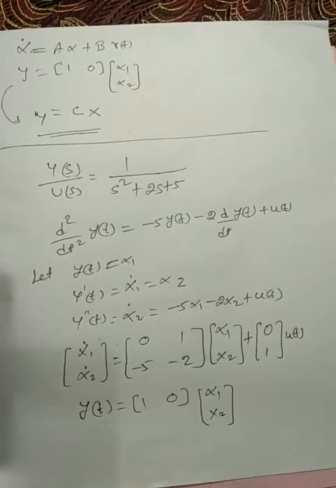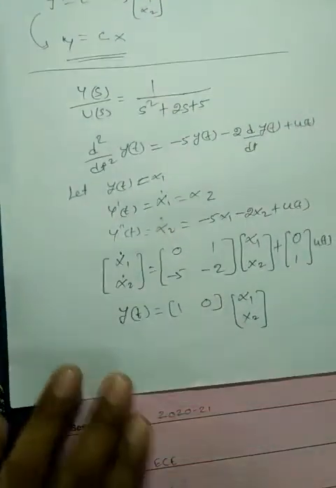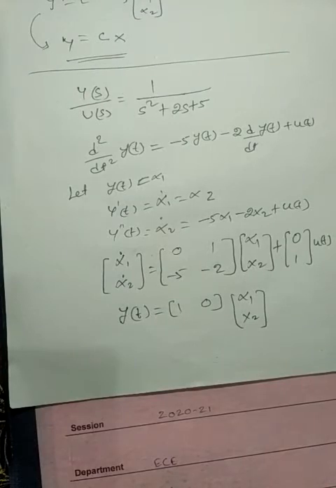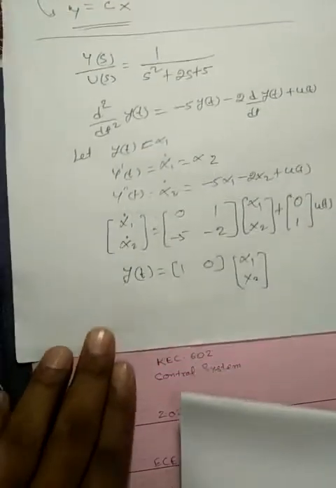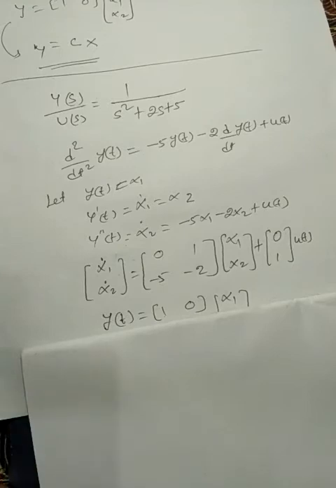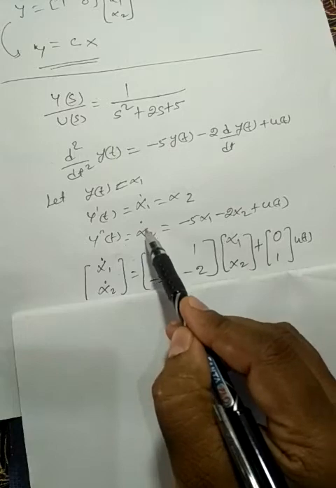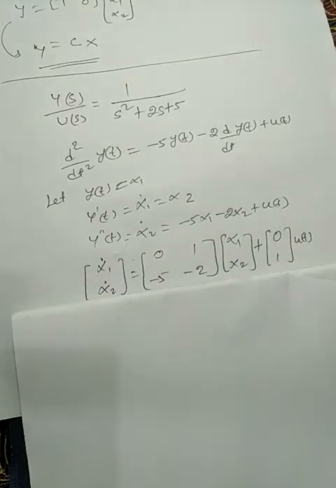Let us see some more examples. We have to find its block diagram. Then how will we draw the block diagram of this transfer function? Here we have state equations x2 dot is equal to this and x1 dot is equal to x2. We have x1 dot and x2 dot.